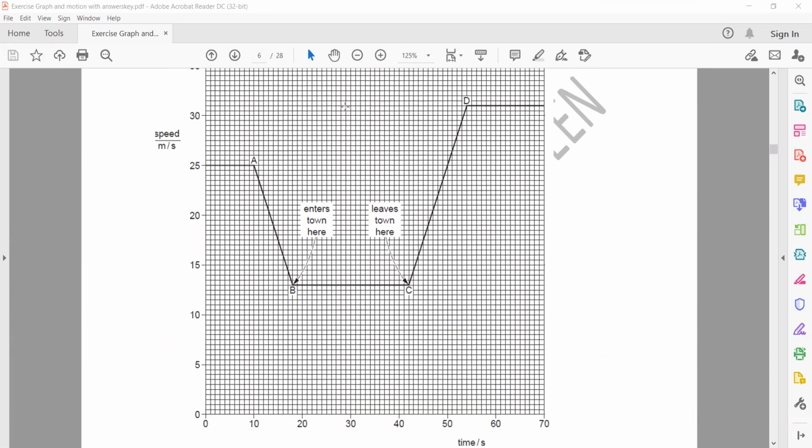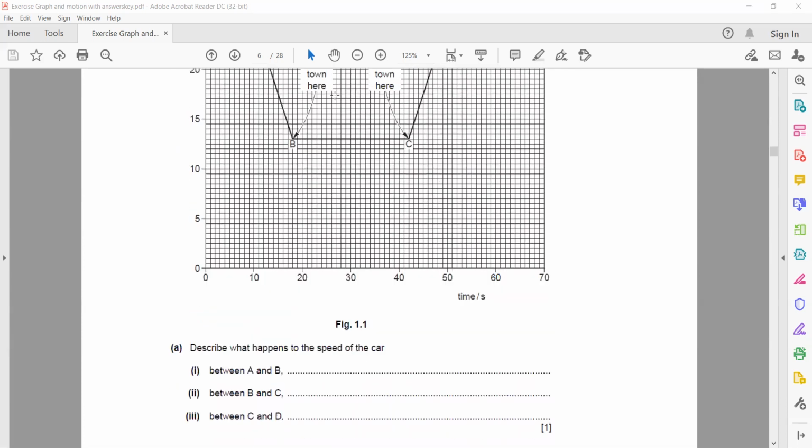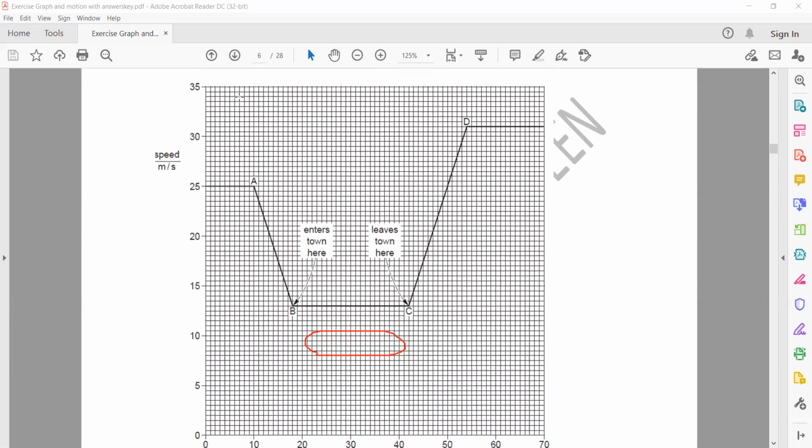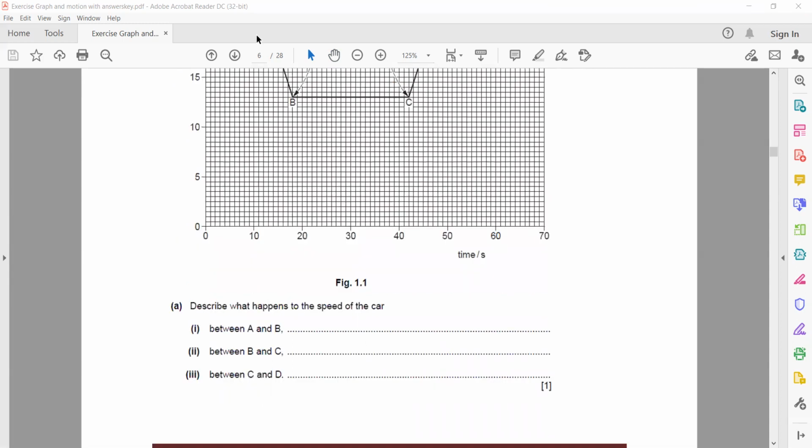From A to B, the speed is decreasing, and they are asking what happened to speed. So we don't have to mention acceleration, you can mention it, but they are only asking for speed. At point A, it was having a higher speed, but at point B, the speed is decreasing. So from A to B, the speed decreases.